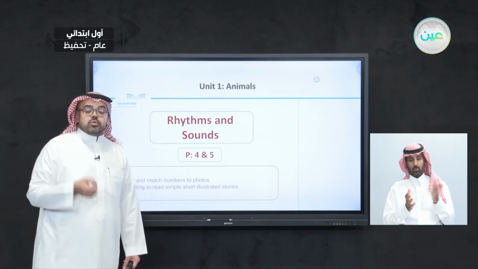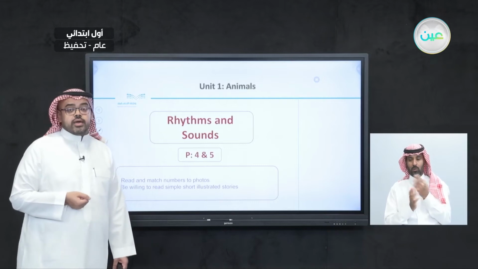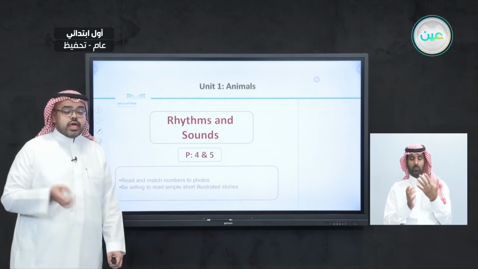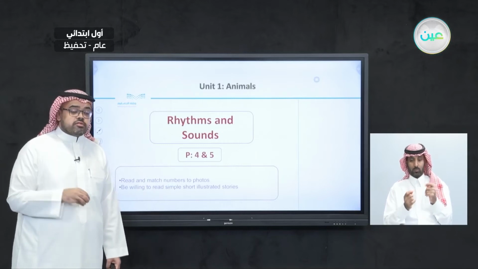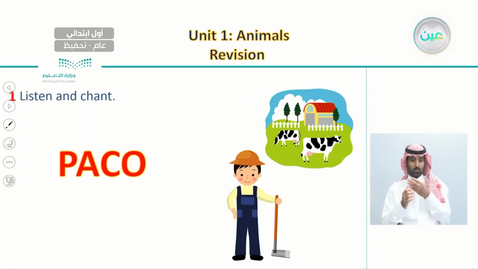And after this, we had the other lesson, which is Rhythms and Sound, that can be seen on pages 4 and 5. Our goals in this lesson were to read and match numbers to photos, and also be willing to read simple, short, illustrated stories.